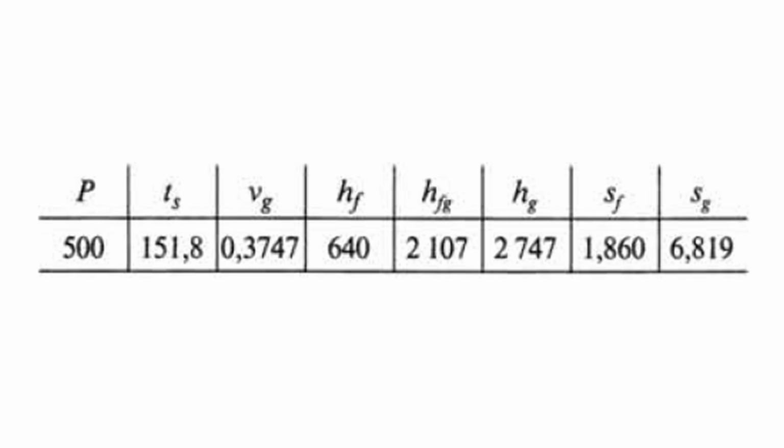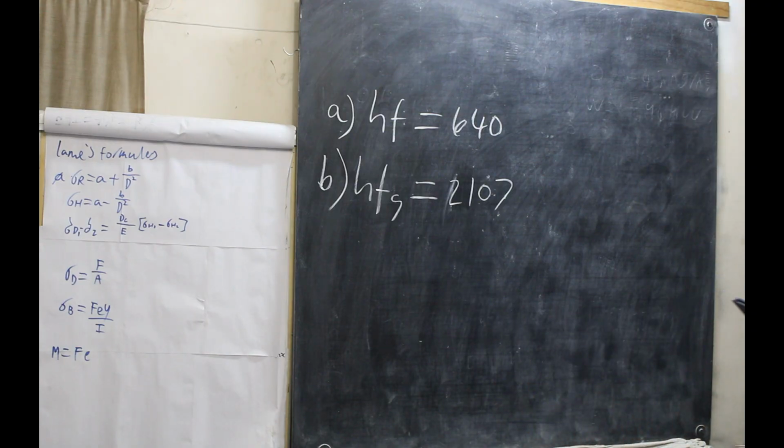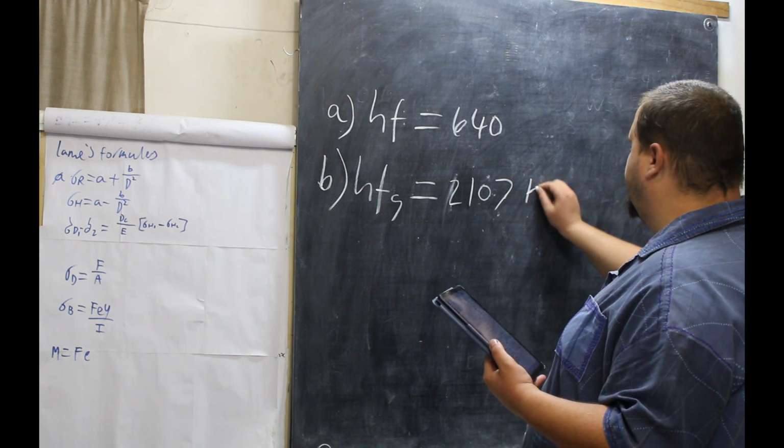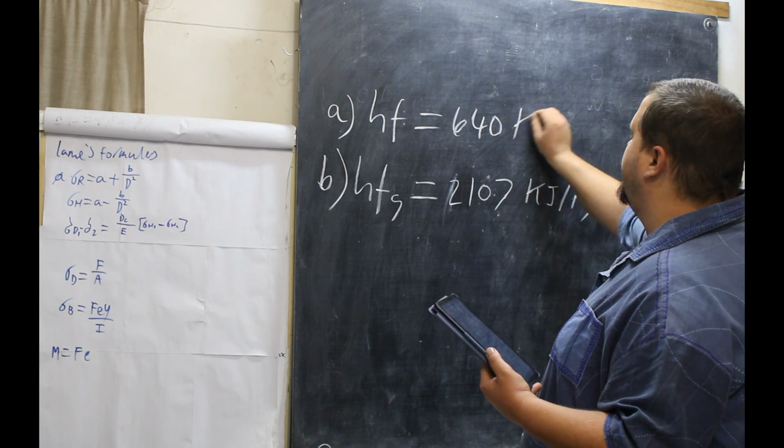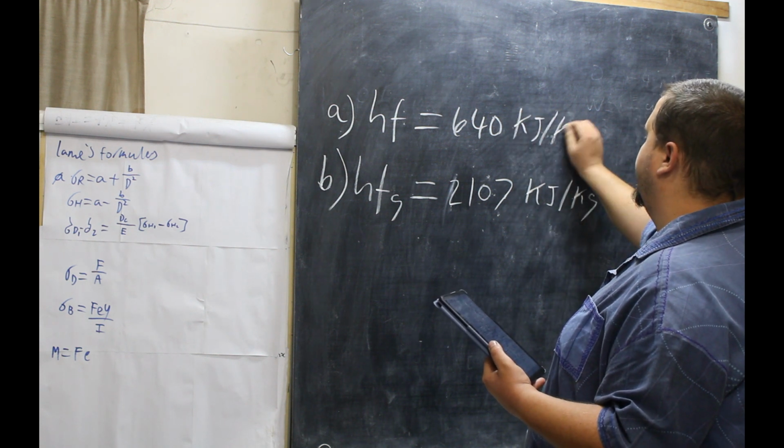B is HFG, which is our specific enthalpy of evaporation, which is 2107. And let's not forget our units, kilojoules per kg.